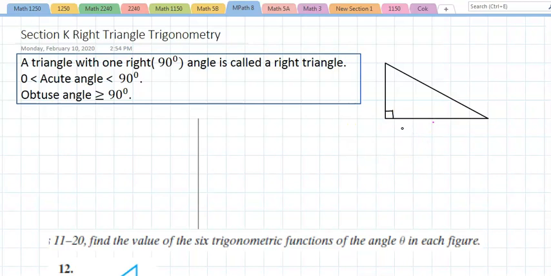What's so special about a right triangle is that one angle is 90 and the other two angles are called acute. Acute angles are angles that are between 0 and 90 degrees. They can't be 90 degrees and they can't be 0. Bigger than 0 and smaller than 90 degrees.